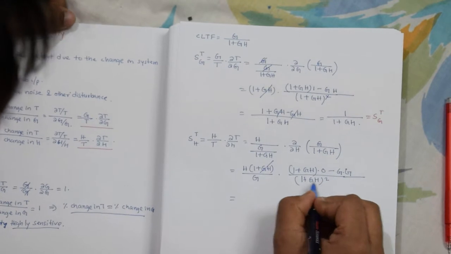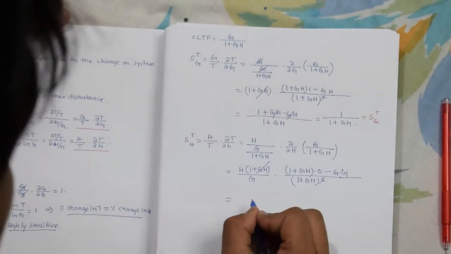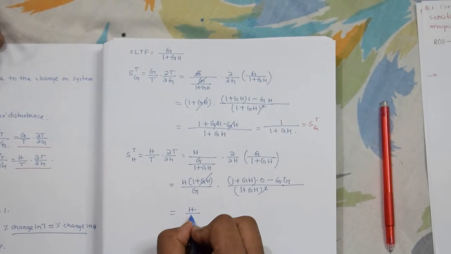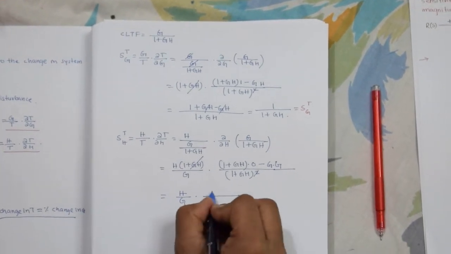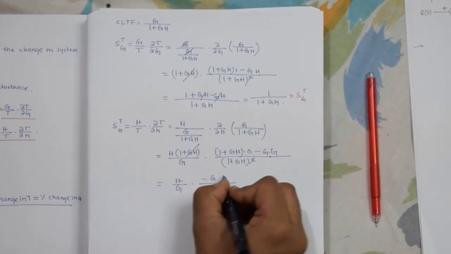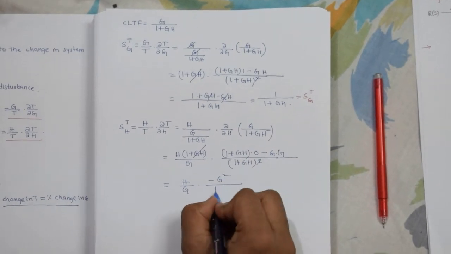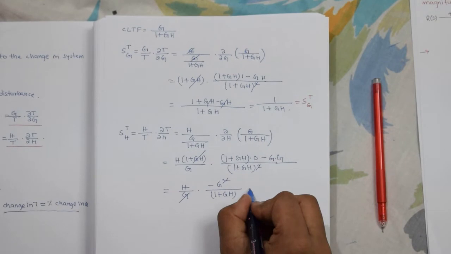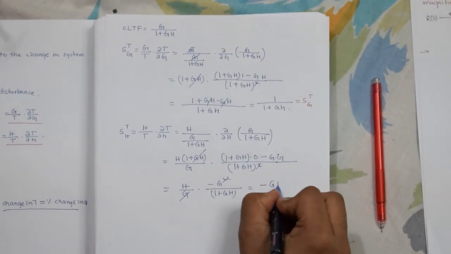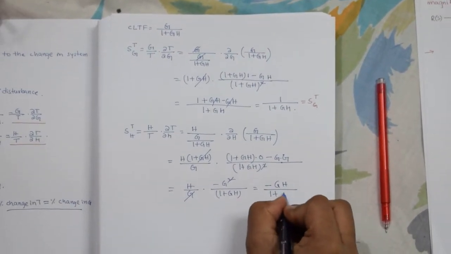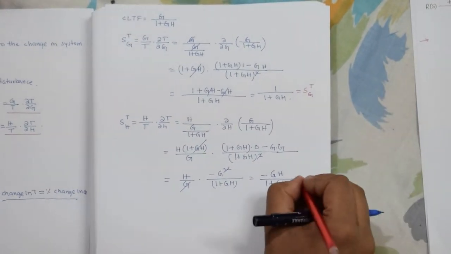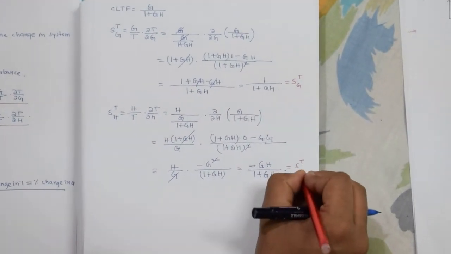So we can cancel out 1 plus gh. It will be h by g into minus g square 1 plus gh. If we cancel 1g, we will get minus gh by 1 plus gh. So this is our sensitivity with respect to feedback.